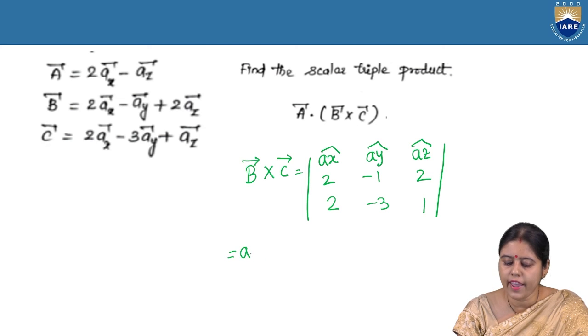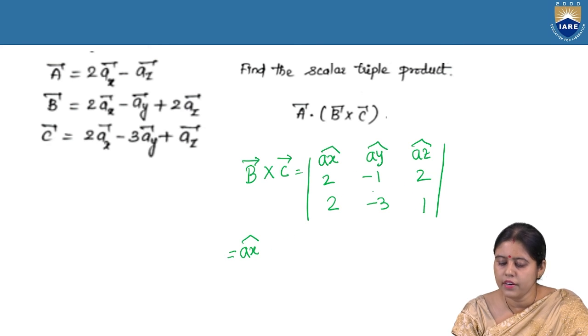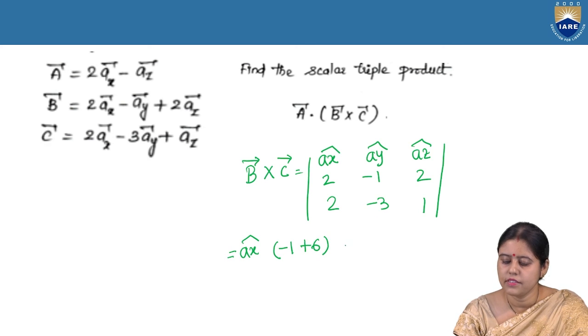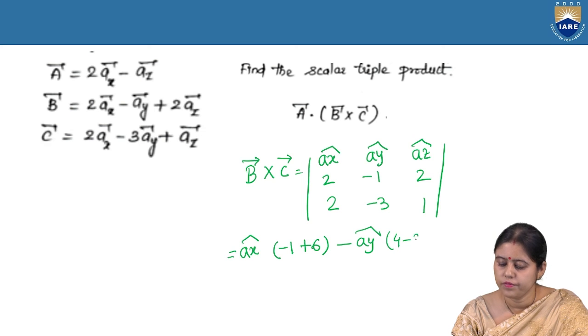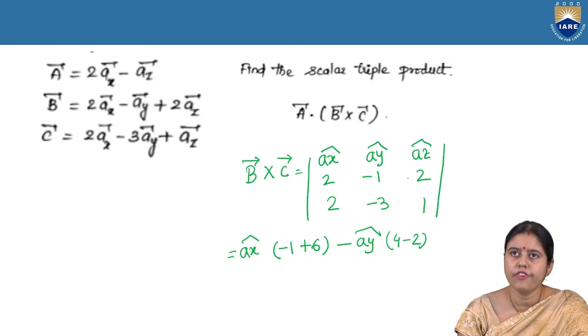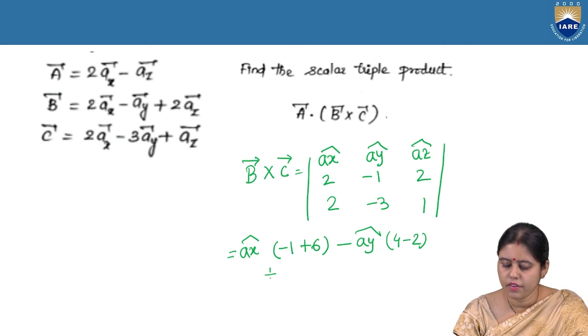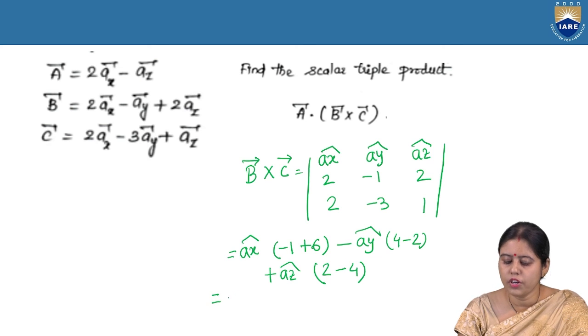So how to calculate? ax hat is equal to minus 1 minus 6, minus 1 plus 6, minus 4 minus 2, 2 minus 4. So we got the value 5 ax hat.